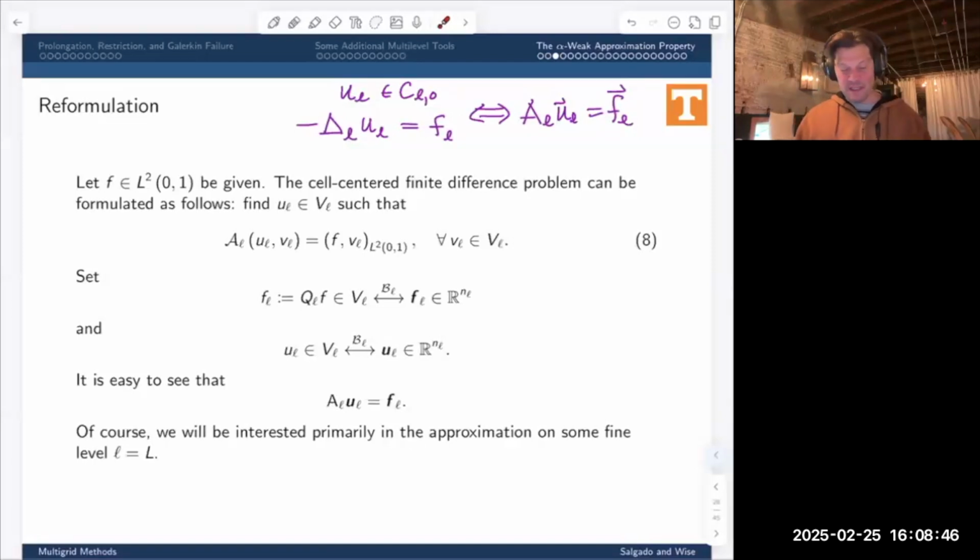Now, what we did last time, and what we want to do for various theoretical reasons, is convert this problem into a problem that can be viewed in the space or setting of piecewise constant functions. If we do this, then this gives us a variational structure and a way of proving this alpha-weak approximation property through approximation or convergence results more generally.